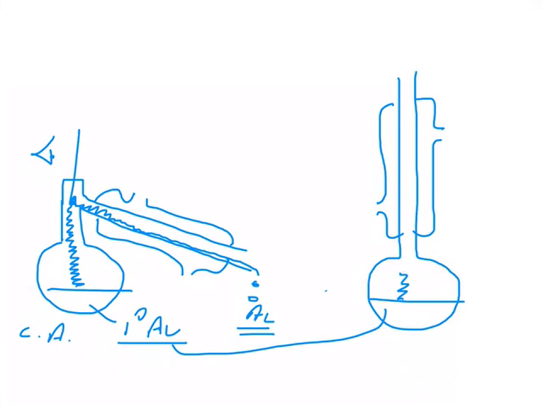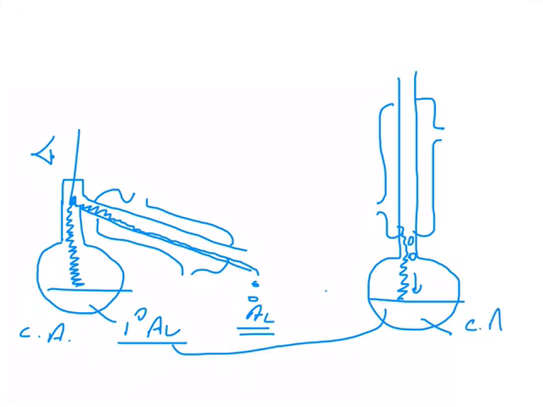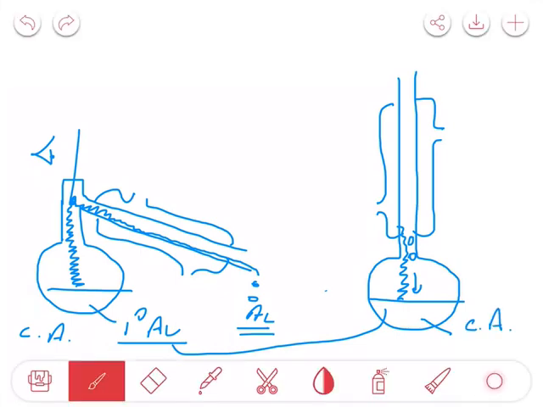This time, though, as anything evaporates, the condenser converts it back into a liquid and it drops back down into our oxidizing mixture here. So our primary alcohol, as it forms the aldehyde, might evaporate, but the condenser drops it back into the oxidizing mixture, which then converts it to the carboxylic acid. So when we want the carboxylic acid, we do it this way, using refluxing. When we want the aldehyde, we do it this way, using distillation.